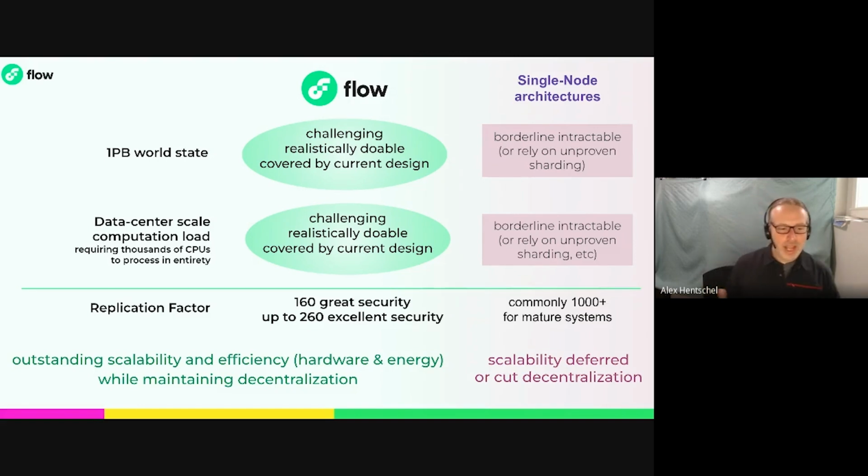And we get that at an energy and hardware efficiency factor of roughly 160 to 260 compared to 100 plus or 1,000 plus in single node architectures. So that's the reason why Flow has a more refined, finer-grained architecture.